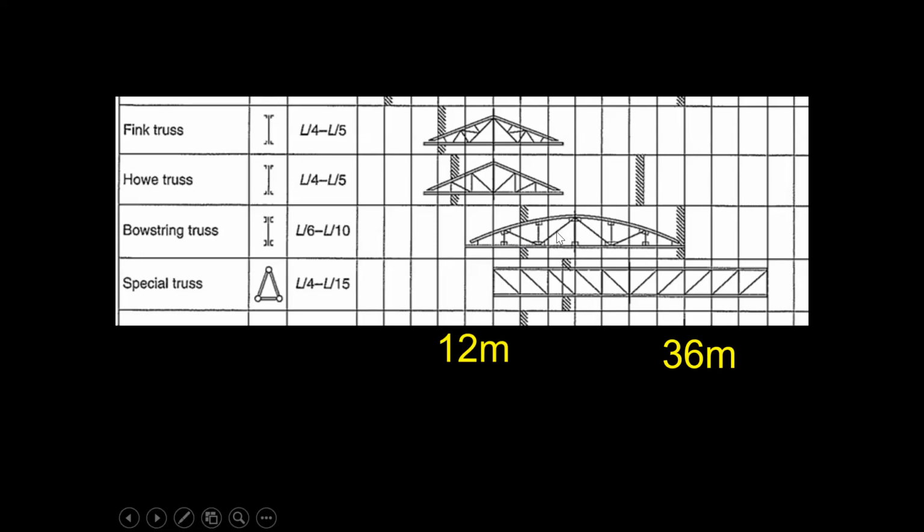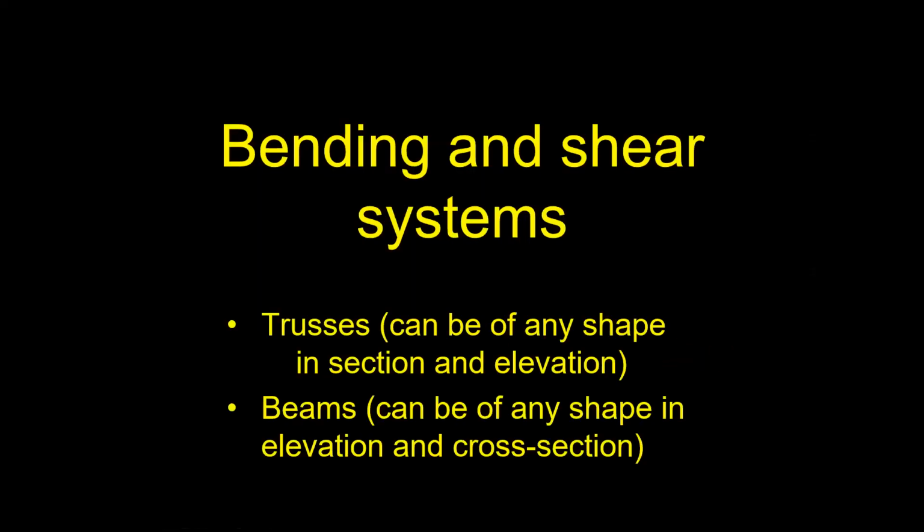This is probably about 15 meters through to about 36 meters. That's the perfect range. Now, I want to give you a bit more information about systems that resist loads in bending and shear.